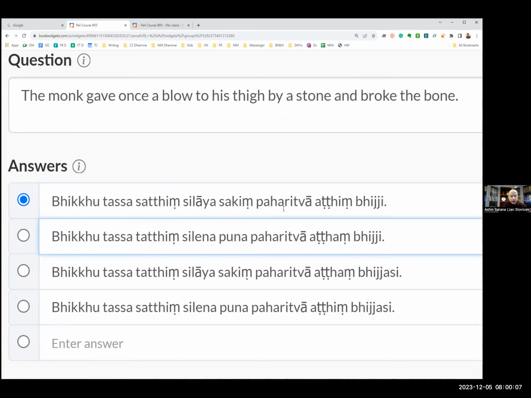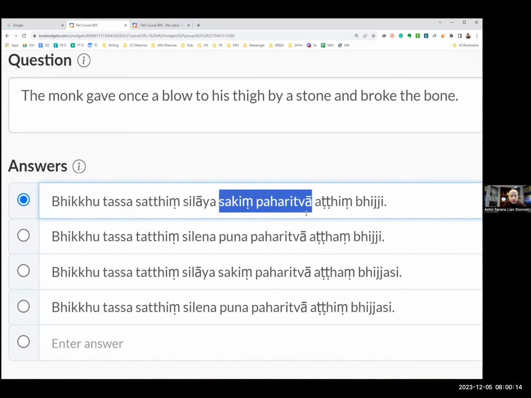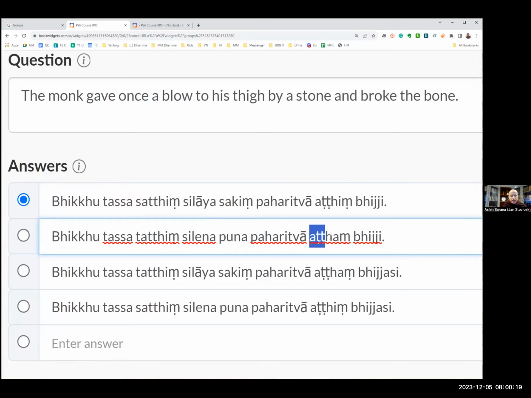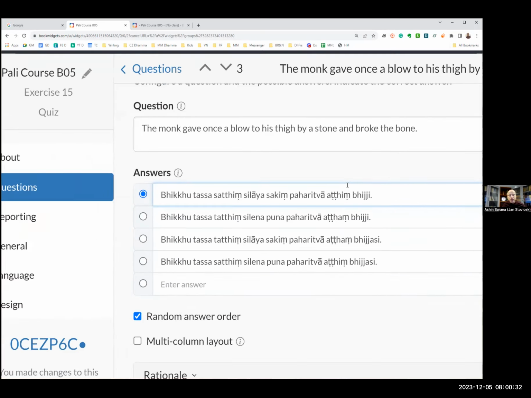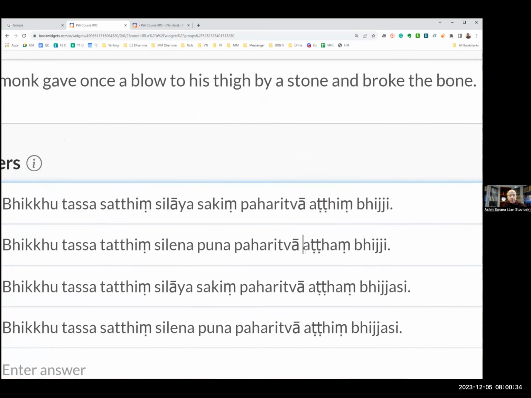Then saking paharitva or puna paharitva. Saking means one time, puna means again, but he did it just one time. So he hit one time. Atting or attang. Attang actually has a meaning, and it means the purpose. But he did not destroy his purpose. He destroyed his bone. So this would be a purpose, and this one is bone.